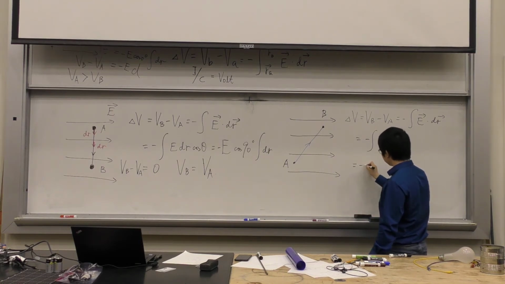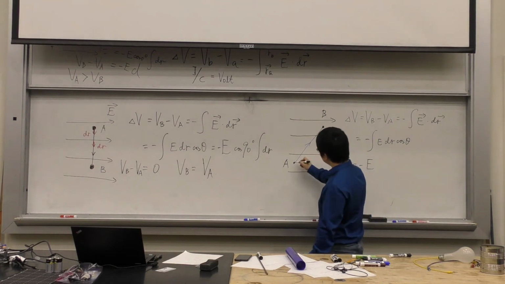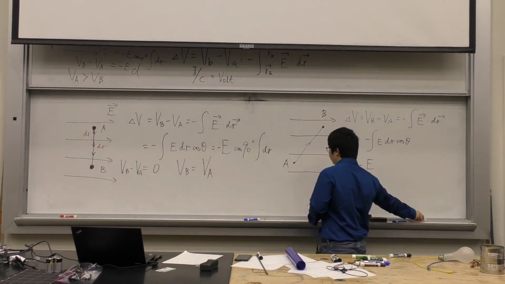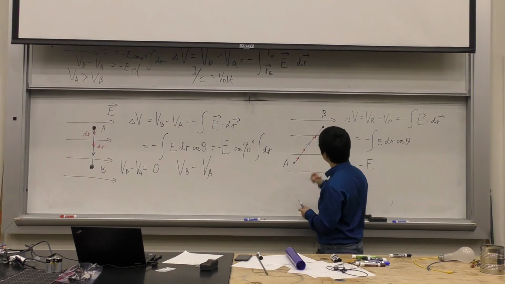Now, I can take out E. I can also take out the angle theta, but this theta is just not 0 or 90, right? So if this is dr, this is the direction of dr, because dr is just the very small element you pick along this line, right? This is dr, this is dr, this is dr, okay?